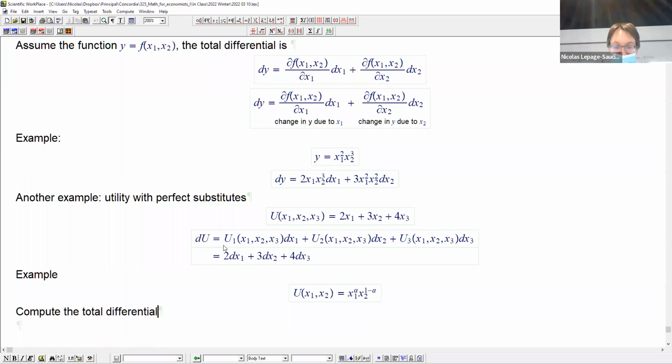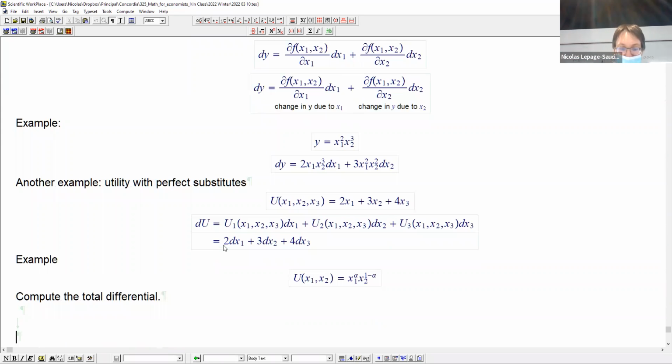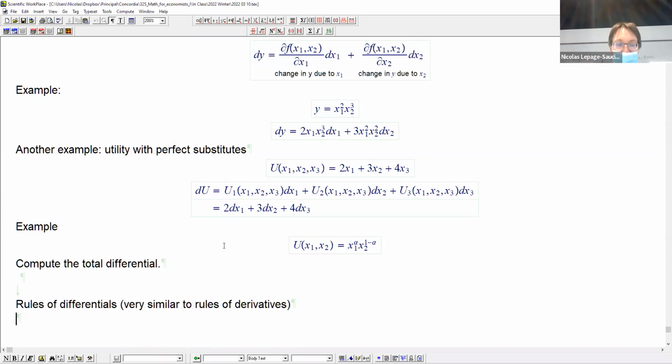Okay, so some rules. They look very much like the rules that we already know. And then we are going to finish with this and continue next time.